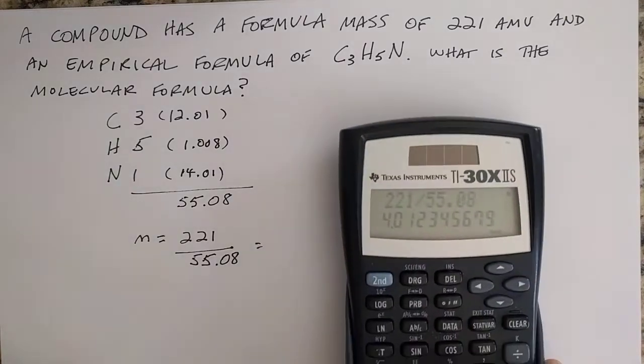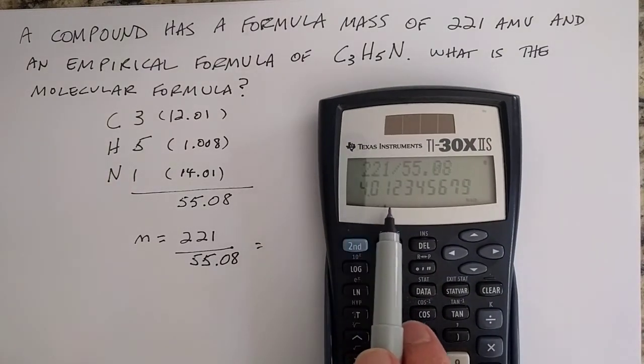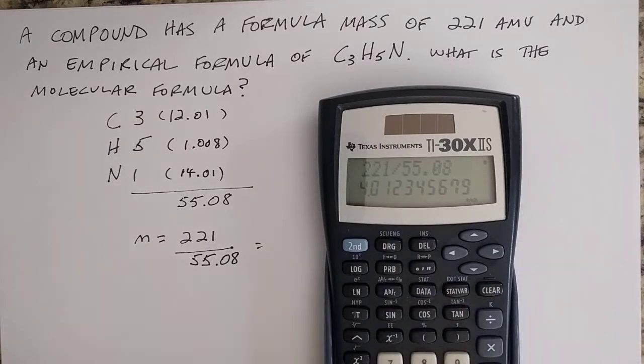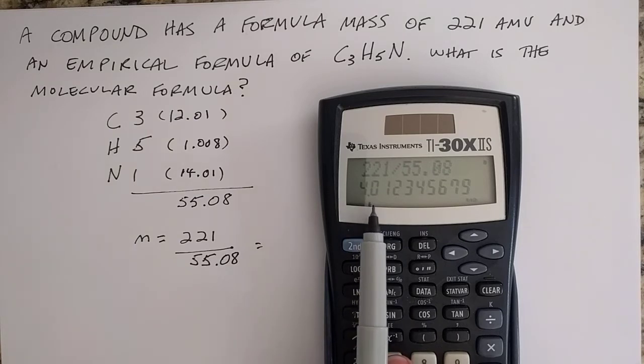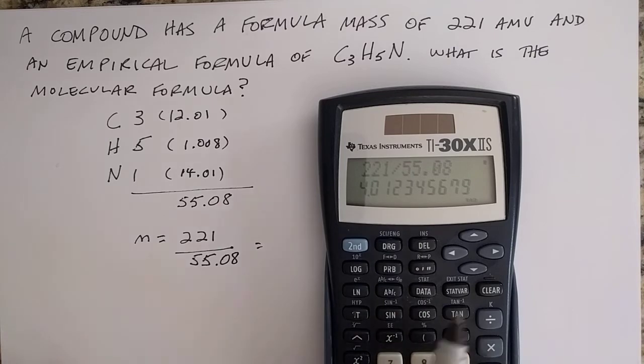All right, so my calculator is showing me 4.0123, lots of other digits. Now, this N is going to be a whole number. So we round to our whole number as long as we're really close. If this was 3.6, that would mean you did something wrong somewhere, but 4.0123, we're going to call that a 4.